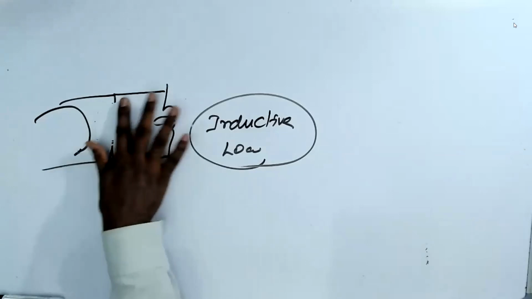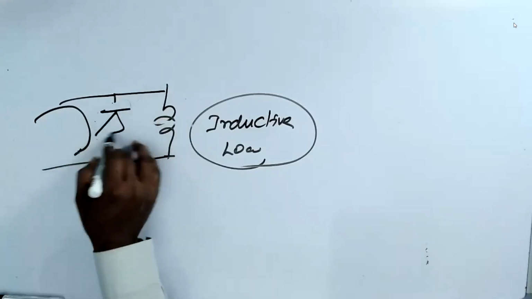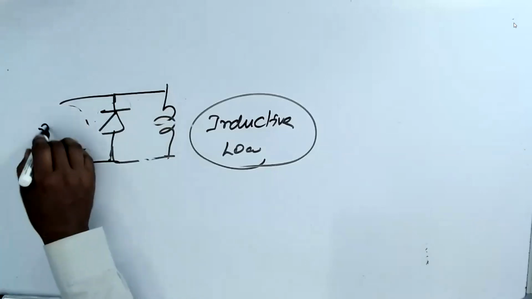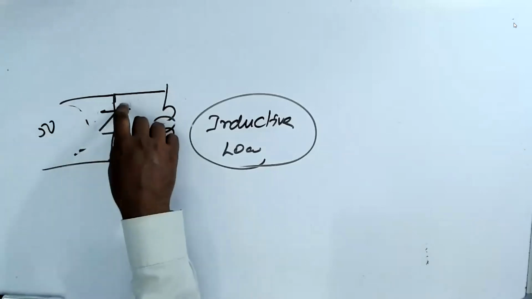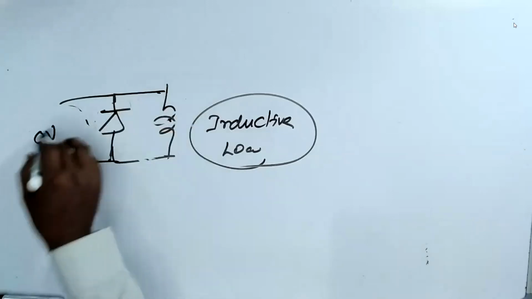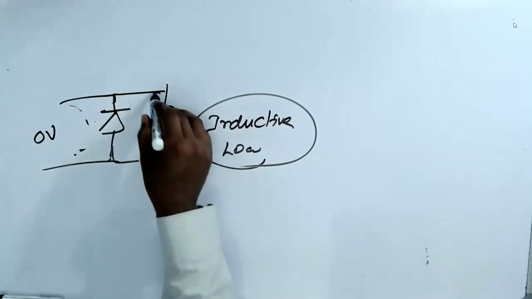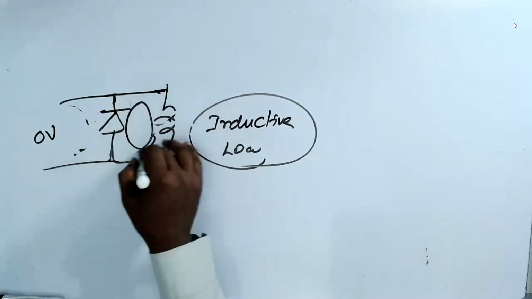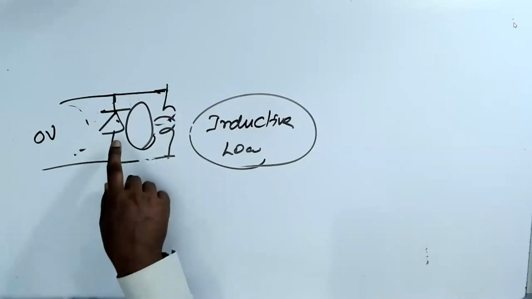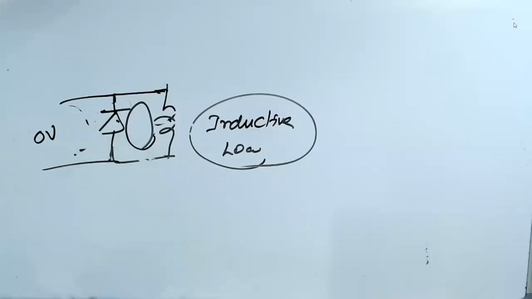So you have to connect it like this. When you apply 5 volts normally, nothing will happen, everything will be okay and the relay will be working. The moment you make it 0 volts, momentarily the current in the relay will go through this diode. This is very important in your circuits. Whenever you use an inductive load, you will always see this.